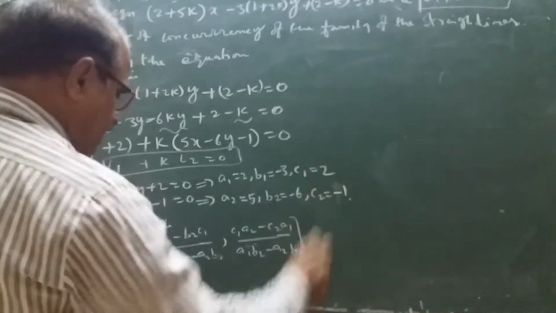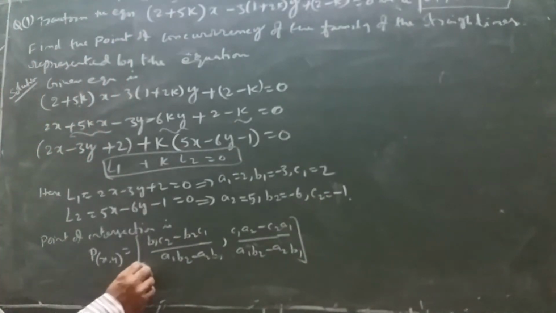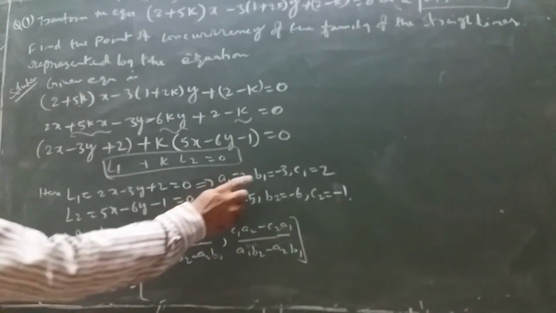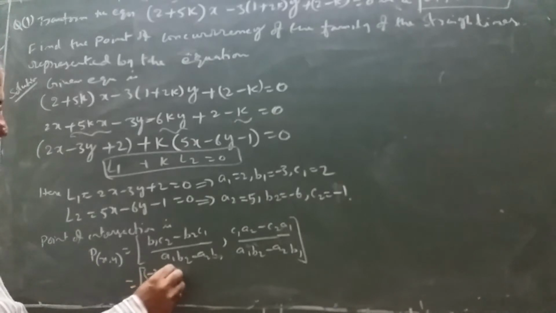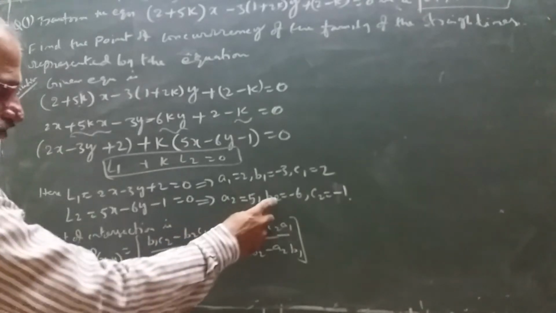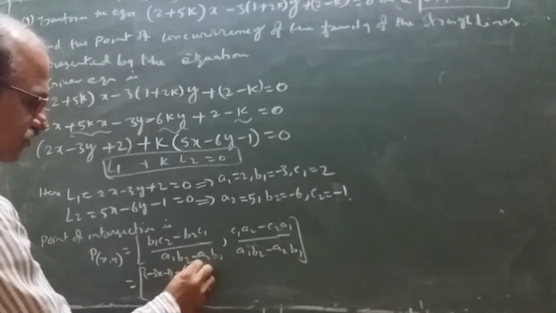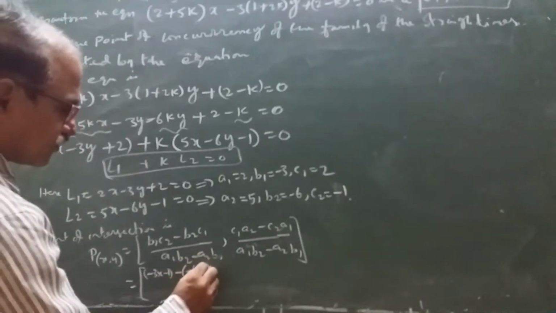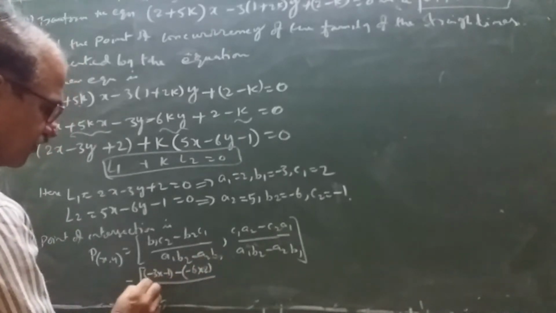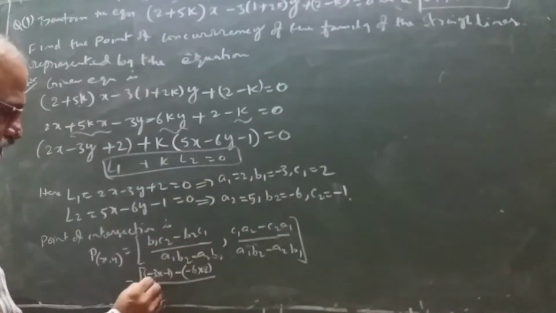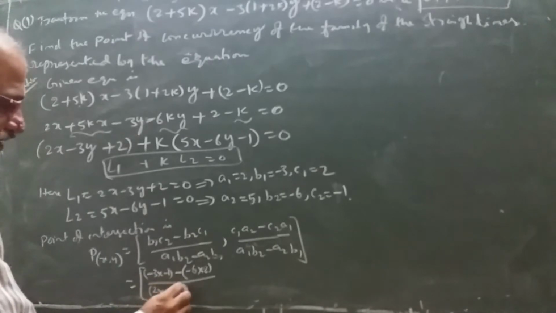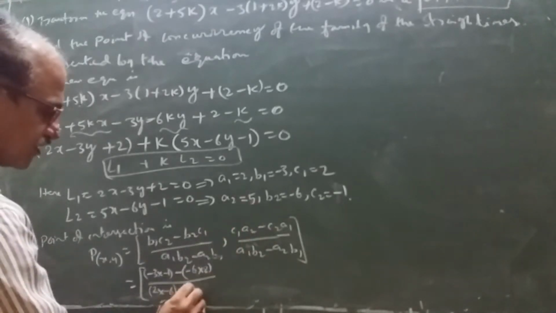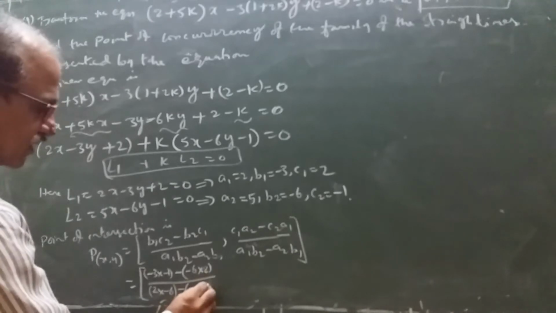By substituting the values: B1, minus 3, into C2, minus 1, minus of B2 C1, B2 is minus 6 into C1, 2, by A1 B2, A1 is 2 into B2, minus 6, minus A2 B1, A2 is 5 into B1, minus 3.